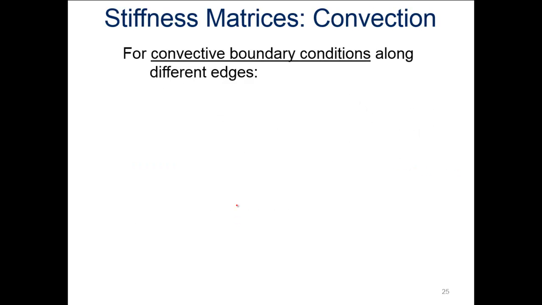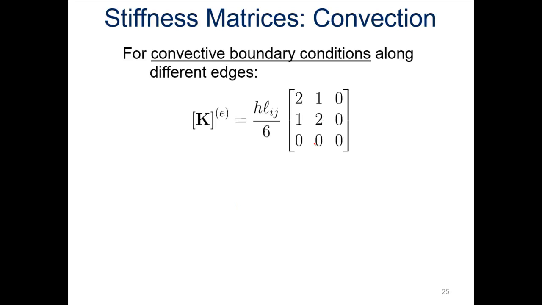If we have convective boundary conditions along the different edges, so if we have edge IJ, we've got a little triangle here. It's a little bit more straightforward here with the triangle versus the rectangle, but I'll draw it up here anyway. All right, so along this edge right here, this is what we'd apply.